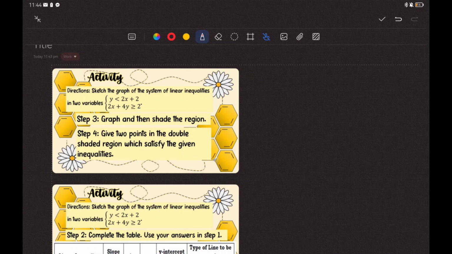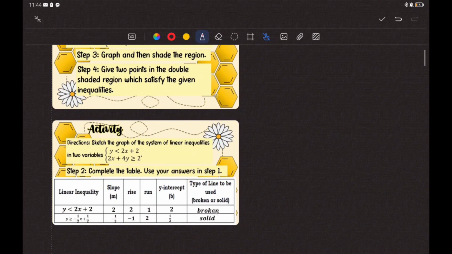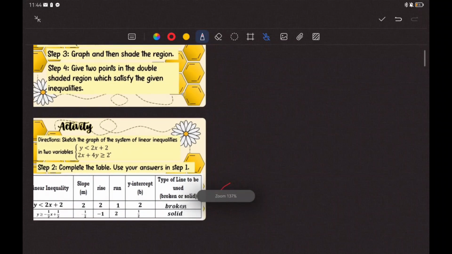For step number 3, graph then shade the region. Now this is what we are going to use. This was given in the previous slide.